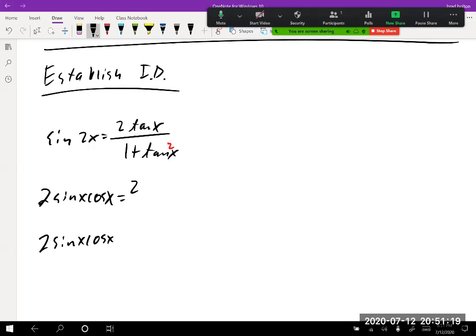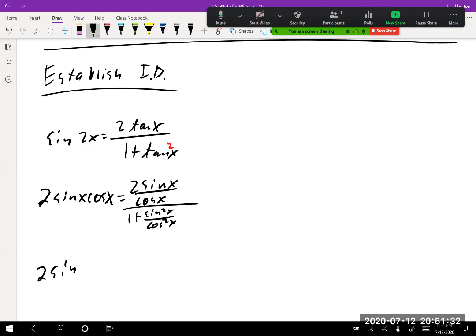So this will become 2 sine x over cosine x. We already know that. Divided by 1 plus sine squared x over cosine squared x. So 2 sine x cosine x equals 2 sine x cosine x divided by, and now we're going to do the same thing but with cosine, so this will be cosine squared x over cosine squared x.